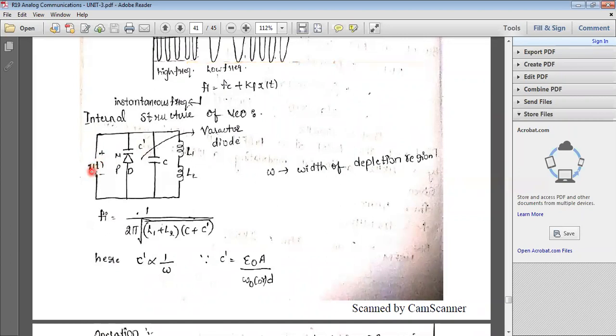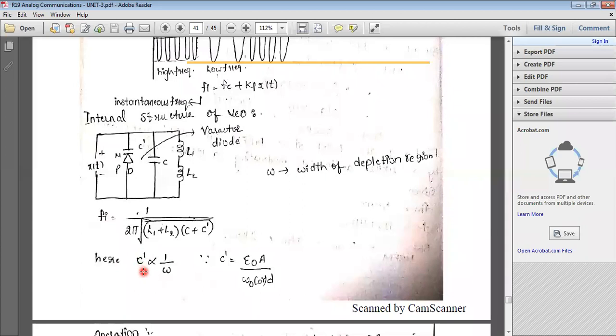Which signal do we apply here? x(t), that is our message signal. So in accordance with the modulating signal, the capacitance C dash value varies. By changing this C dash value, the instantaneous frequency varies.